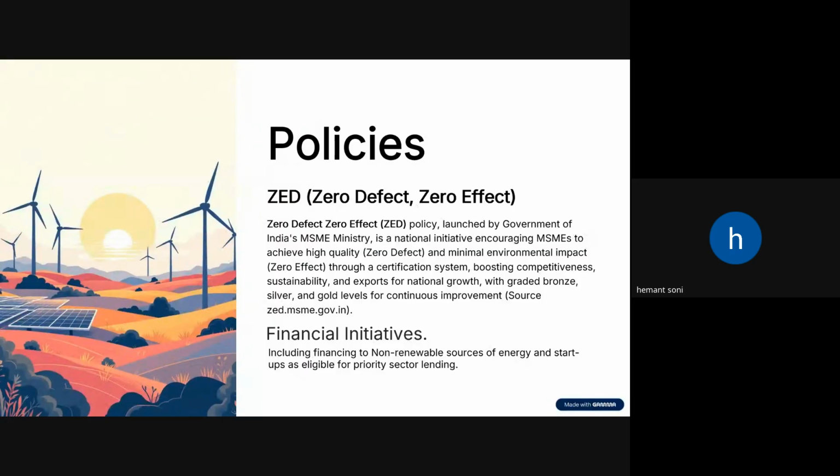So 14.5% that can be given to the exporters or social infrastructure like schools, hospitals, then houses in the rural areas, sorry, I should have written it, renewable sources of energy, not non-renewable, renewable sources of energy. So then startups up to the loan amount of 50 crores and all. So indirectly we are trying to encourage the circular economy through providing financing through the priority sector lending guidelines to the renewable sources of energy.